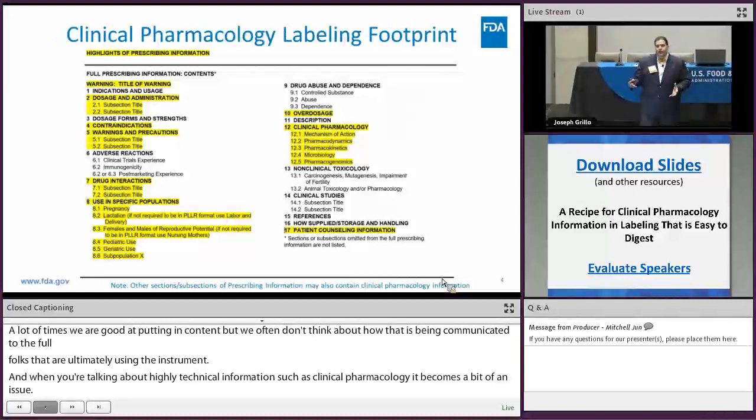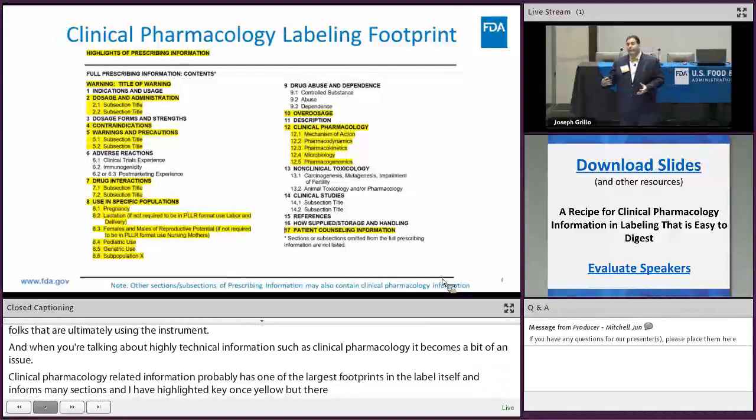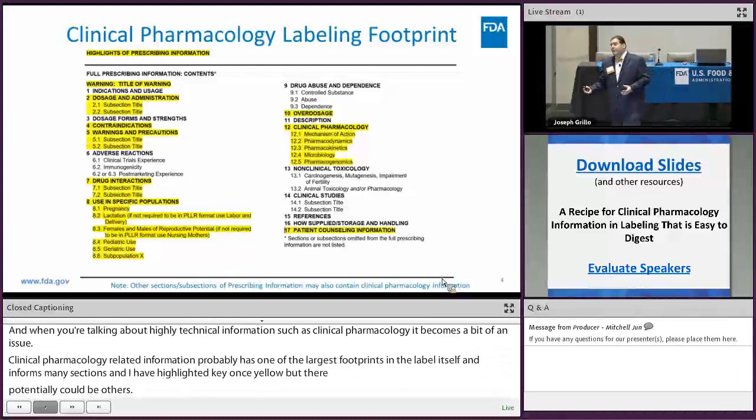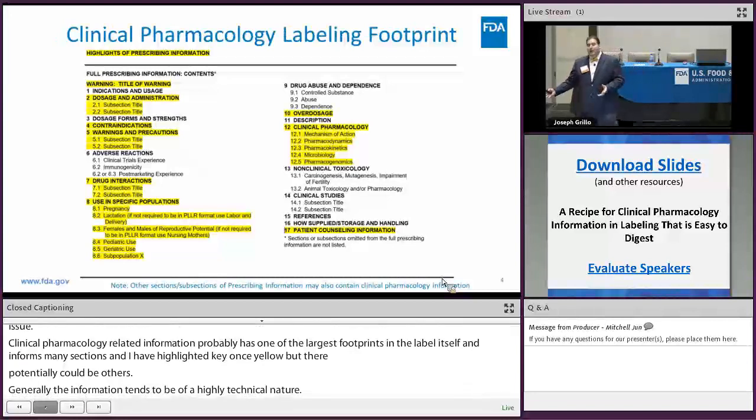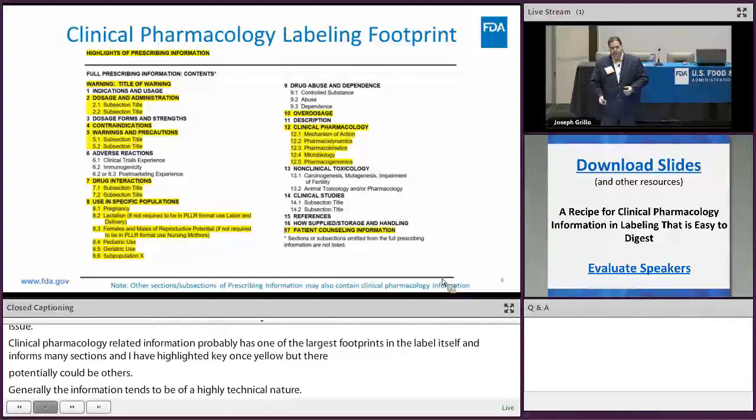Generally this information tends to be of a highly technical nature, so it's often a challenge for healthcare providers who may not have had a pharmacokinetics course in 20 years, or maybe haven't had one at all, to interpret this information and figure out the bottom line: how do I prescribe this drug to a patient in a safe and effective manner, which is what the regulations say the labeling is for.